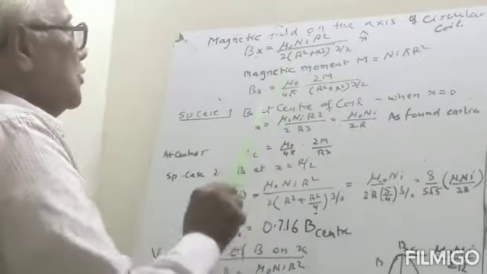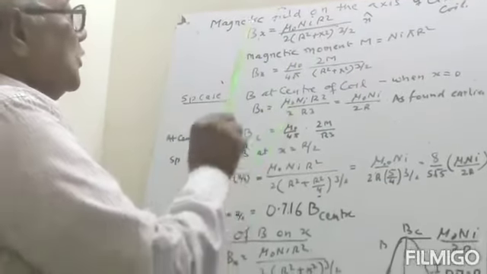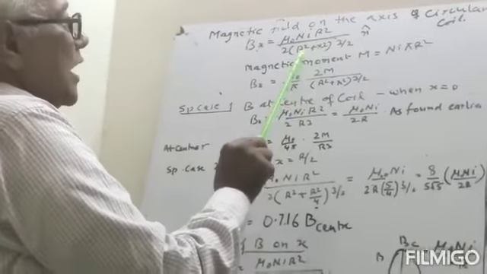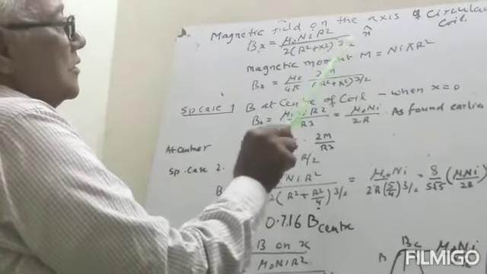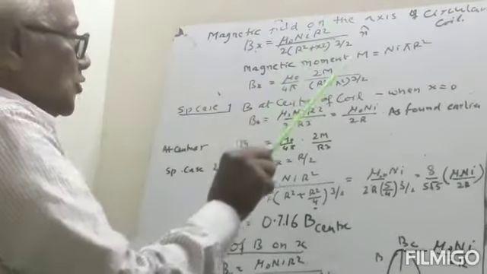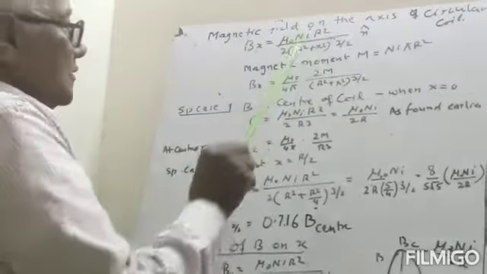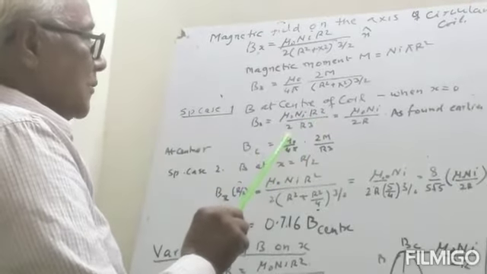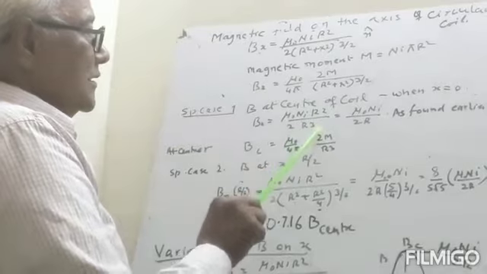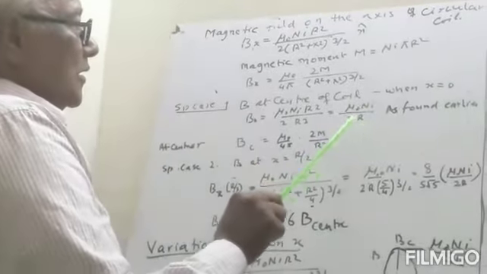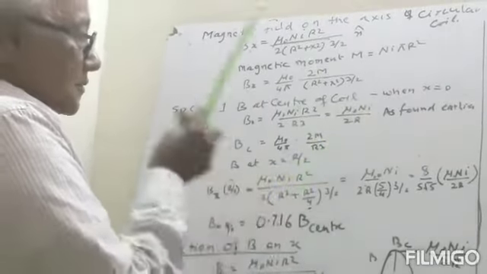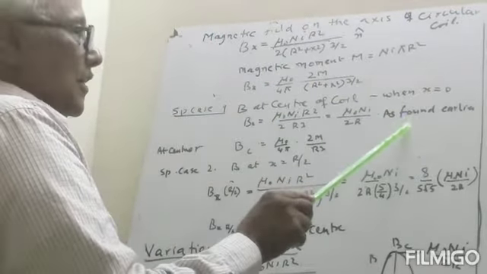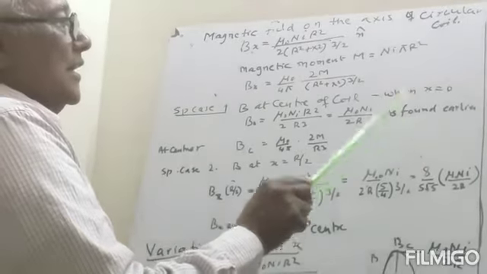When we put x equal to 0, then B will be equal to μ0 n I r² divided by 2 (r² + 0)^(3/2), which is r cubed. So r² will cancel, and it will be equal to μ0 n I / 2r. This relation we have already found when we found the magnetic field at the center of the coil.